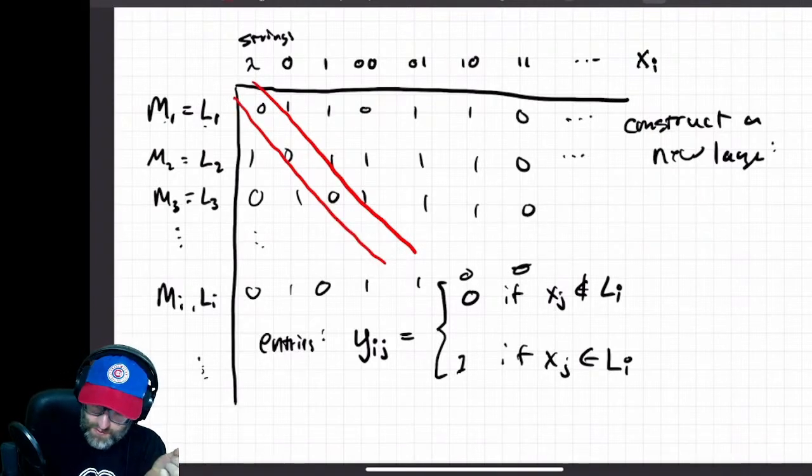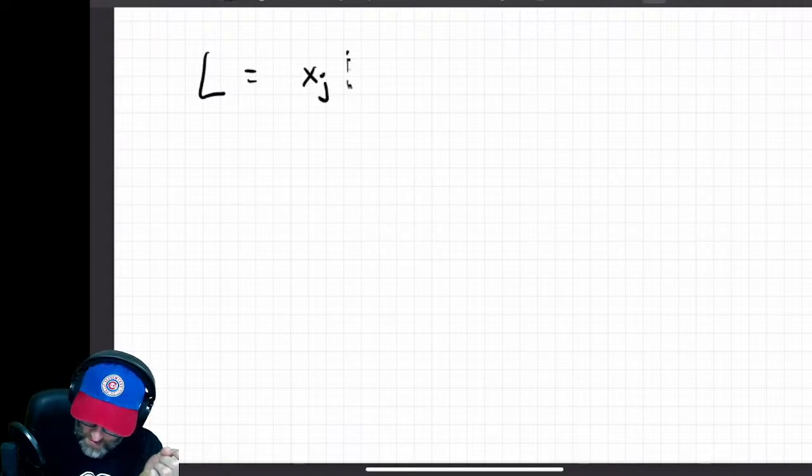So this new language L will be all X sub i such that machine i rejects X of i.